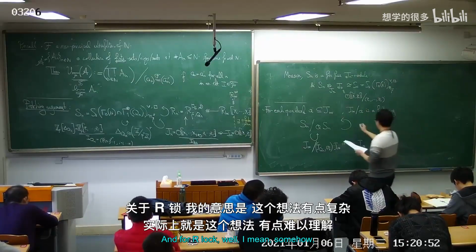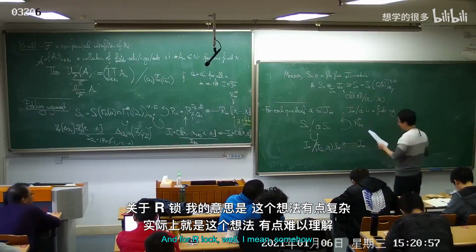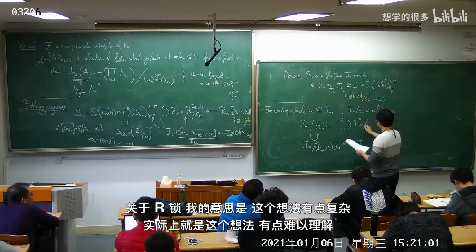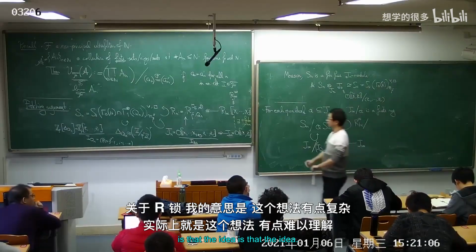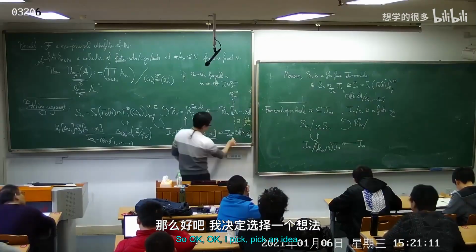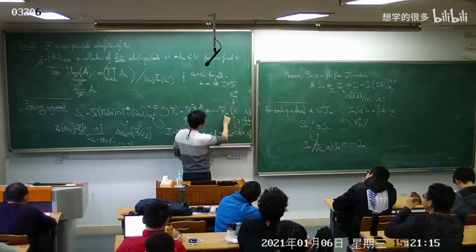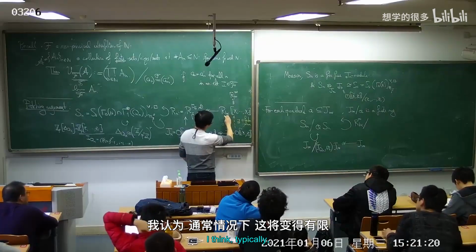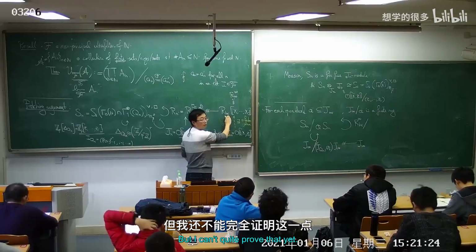And for Rlock, well, somehow the idea is that, it's a technical issue. So okay, I pick an ideal A here. I want to quotient out by A, so this becomes finite. I think typically this will become finite, but I can't quite prove that yet.